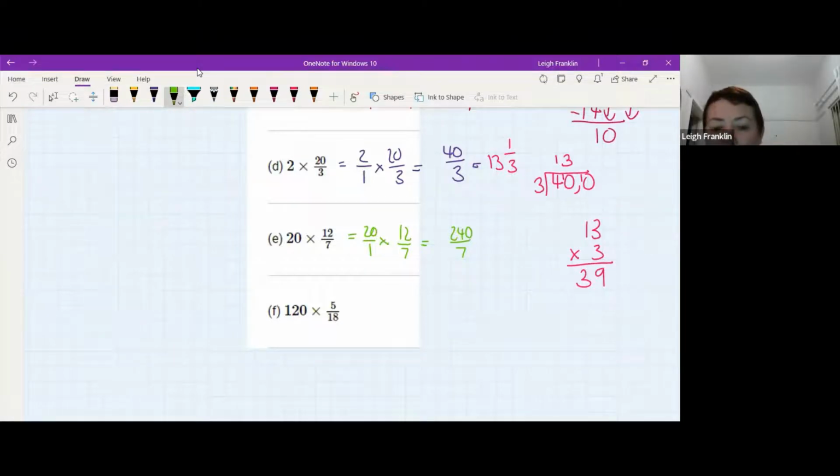All right, and if you had to write that as a mixed number, how would you do it? Say 240 divided by 7. Mm-hmm. And it would give me 7 doesn't go into 2. Yeah. 7 goes into 24 3 times. I agree.